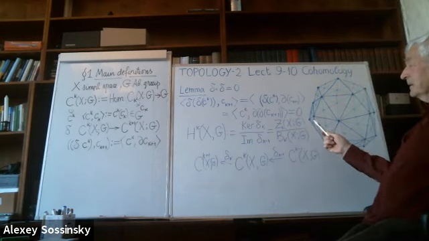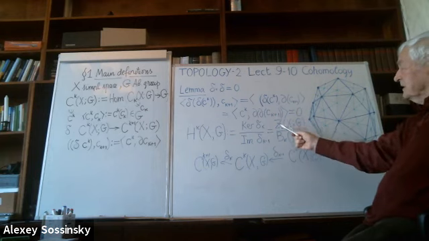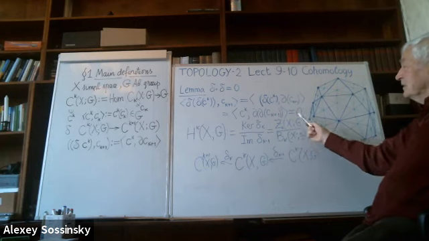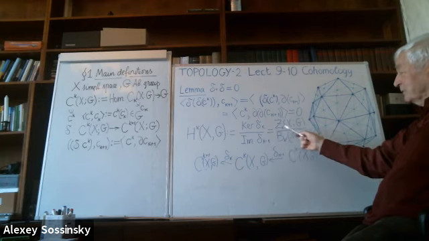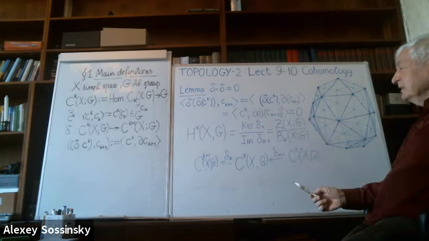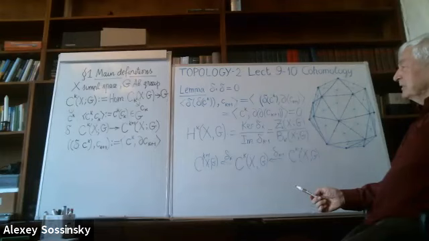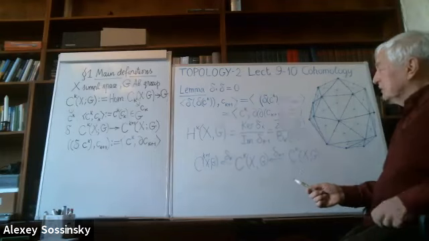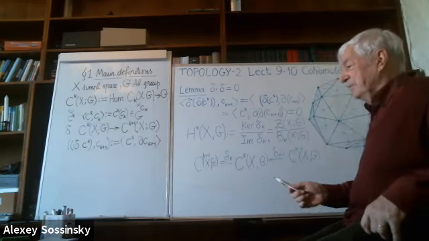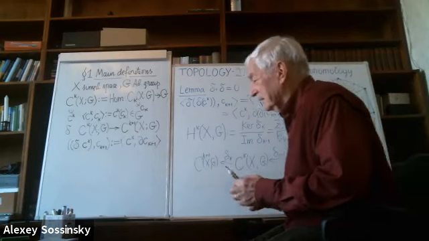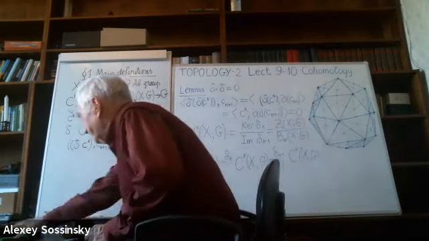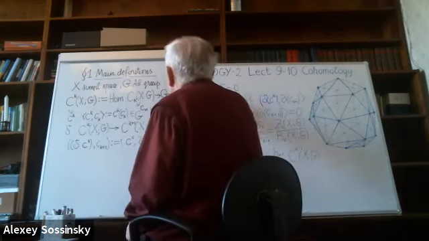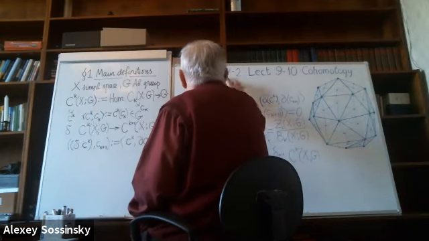Here, the elements of this group are called cocycles, and the elements of this group are called coboundaries. So we have obtained very easily dualization of the notion of homology group. Now let me erase this.